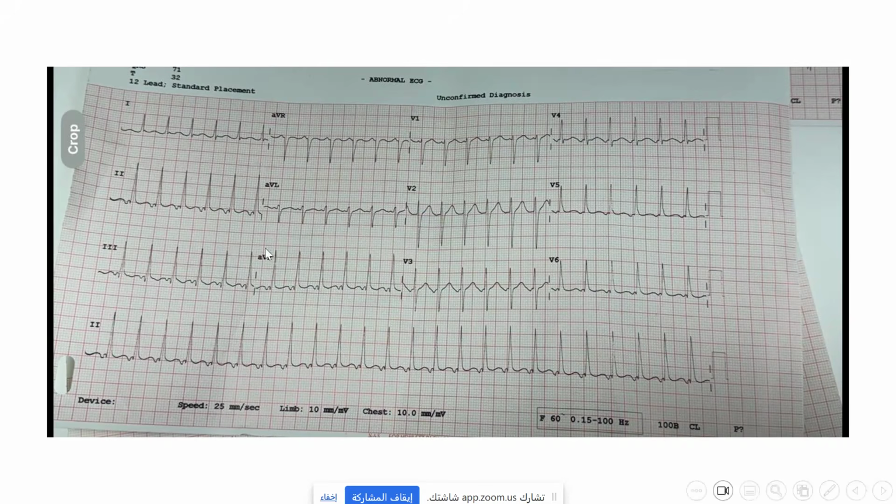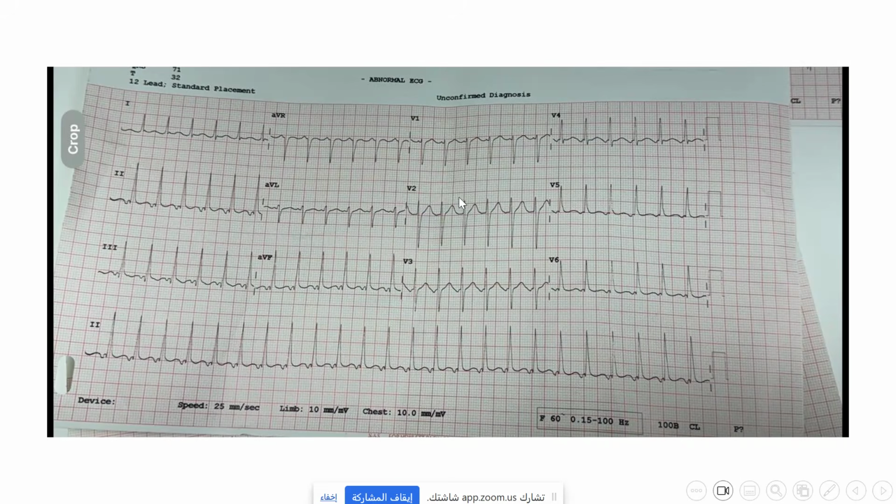What are the differential diagnoses of long RP tachycardia? Could be sinus tachycardia. Could be others. What other differential? Could be atrial tachycardia.